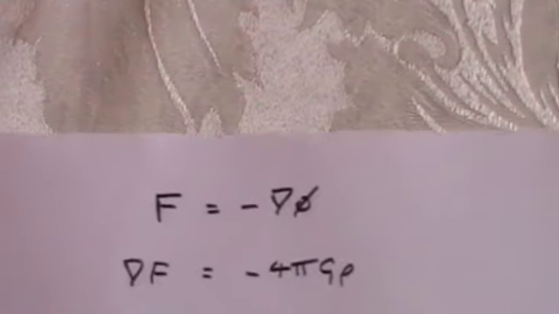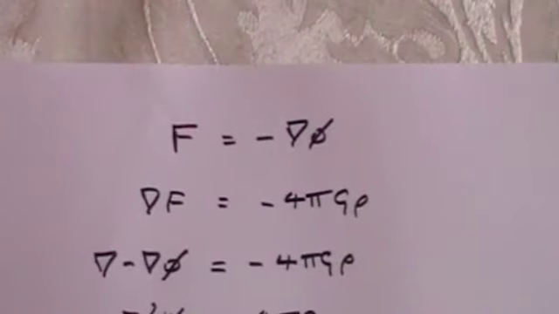Unfortunately, I had a camera failure for the next section, so I'm just repeating the flow of the argument. We've shown that the force is minus the derivative of the potential in Newtonian mechanics. We've also just shown that the divergence of the force is equal to minus 4 pi g rho.